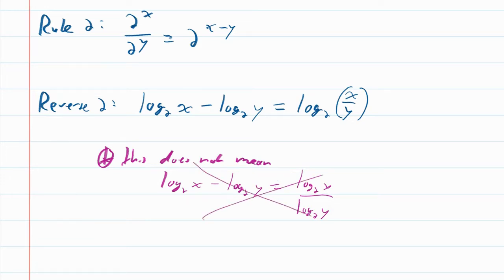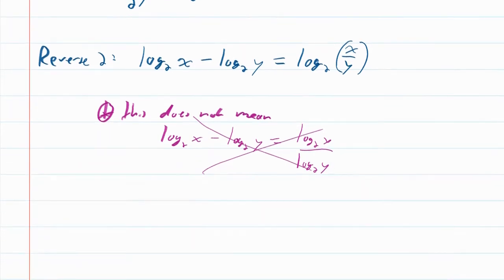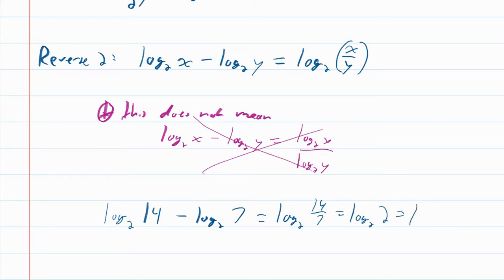This is a big no. What this does mean is that if I have the log base 2 of 14 minus the log base 2 of 7, that's equal to the log base 2 of 14 sevenths, which is the log base 2 of 2, which is 1. That's in essence what this is doing.